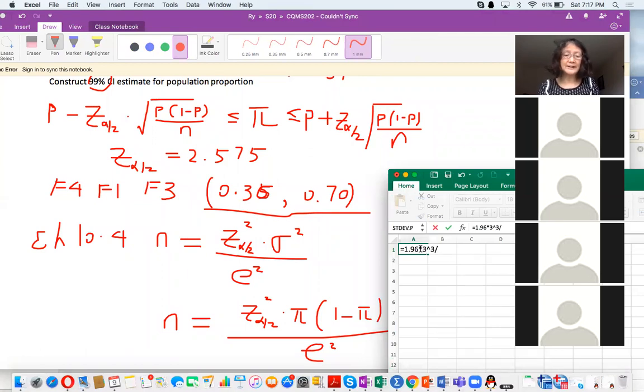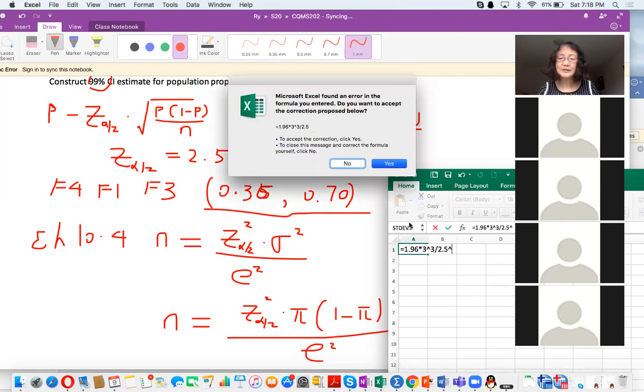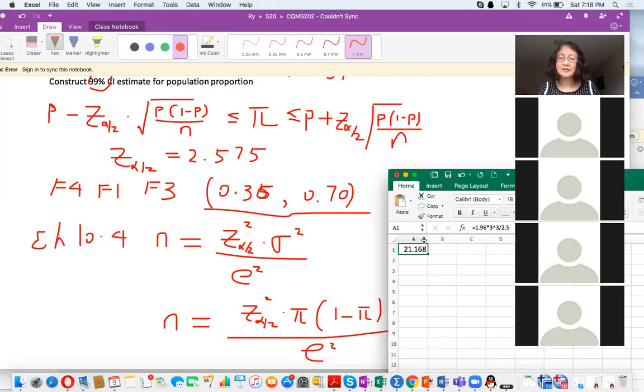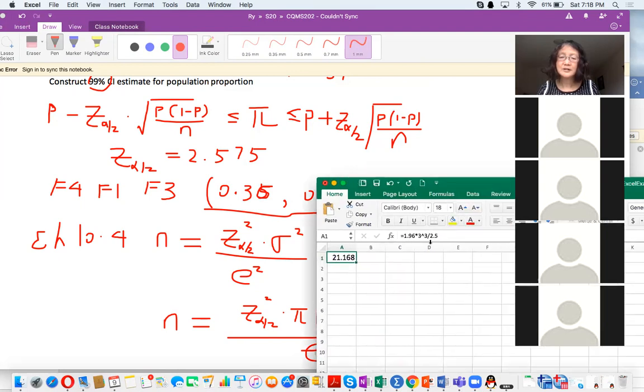E, suppose it is 2.5 squared. Just suppose, and you get the answer right away. Oops, yes, I forgot the square. So anyway, you can use Excel to do it. Okay, I will double check. So this has to be squared.